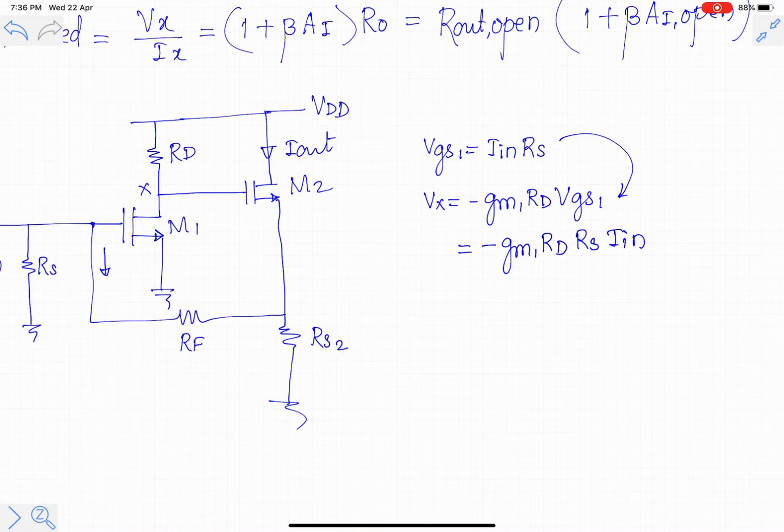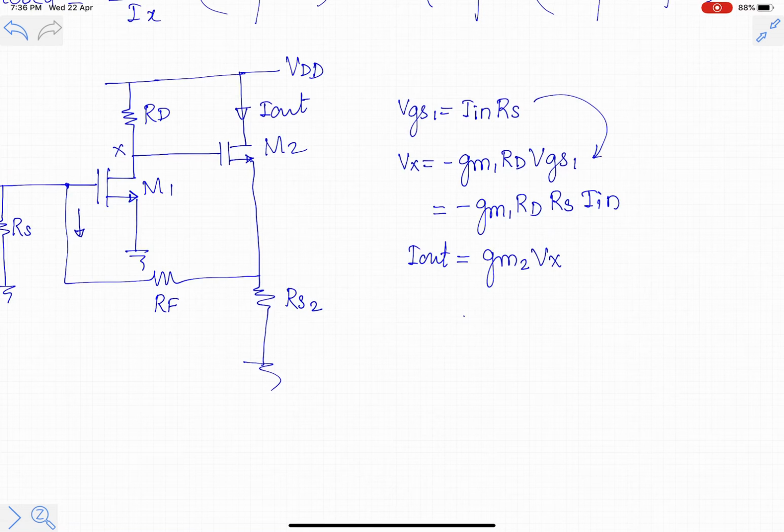So Vx is equal to minus GM1 RD RS into I in, and we know that I out is equal to GM2 into Vx. Vx is equal to VGS2. So we have to substitute it from there here.